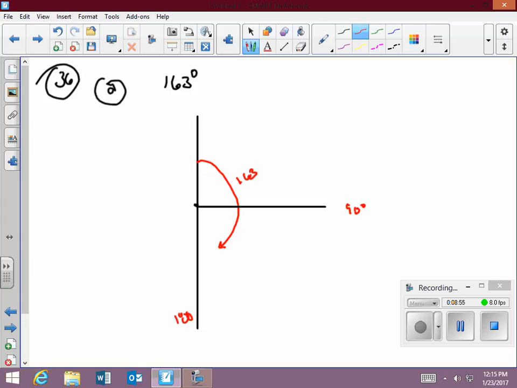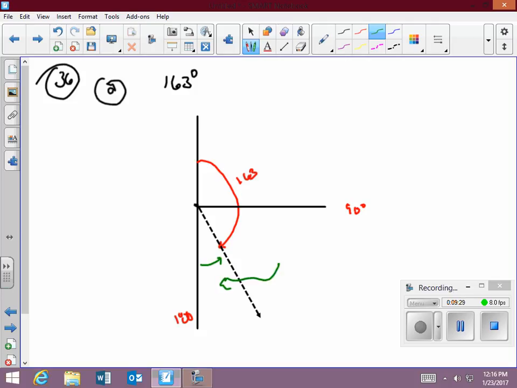I've got to think about this. What do they give us? They want to convert to bearing. So they want this bearing, and you're going to have to do this angle, right? South, so many degrees east. So how are you going to get that?